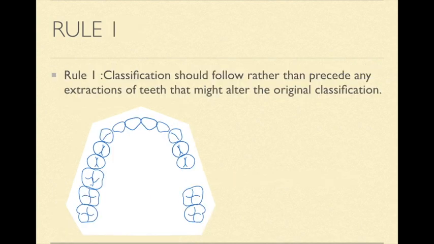So in these cases, we'll call it Class 1 modification 2. After we know how to define the modifications, let's look at the other Applegate rules. Rule 1 says the classification should follow rather than precede any extractions of teeth that might alter the original classification. For example, when you look at this graph, you can see tooth number 15 and 16 are present.